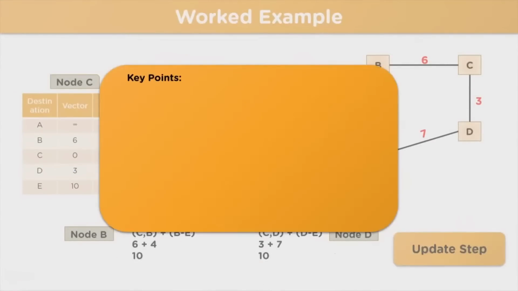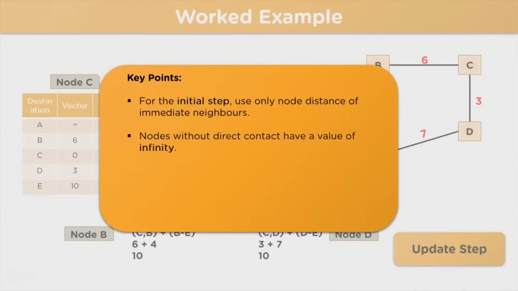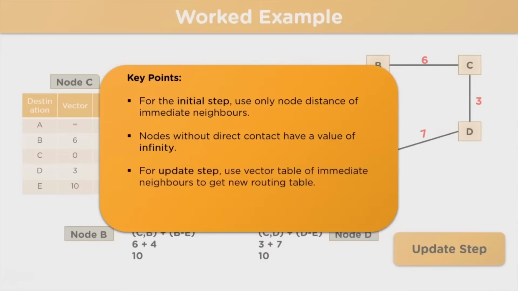Now, let's look into some key points we learned. For the initial step, use only the node distance of immediate neighbors. Nodes that are not directly linked to each other are always infinity. For the update step, use the vector table of only the neighboring nodes of the initial node.